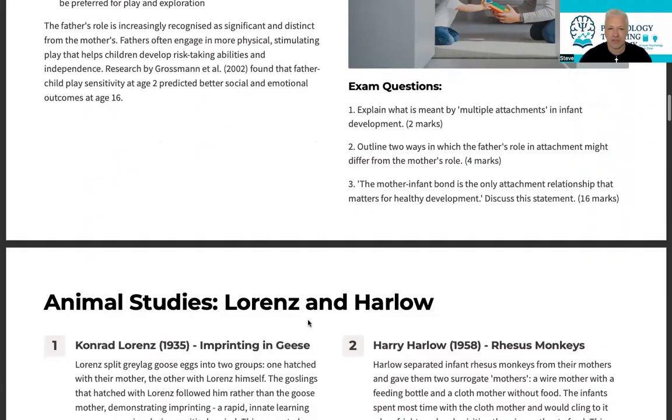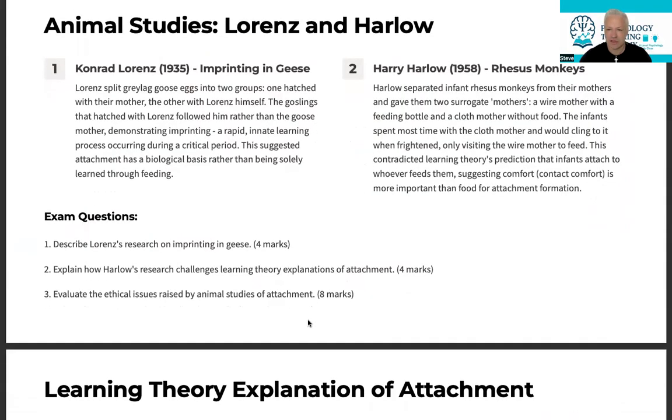Okay, two classic studies on animals, Lorenz and Harlow. So, Lorenz's research into imprinting. Lorenz had a batch of eggs, and he split them into 2 groups. One hatched in front of their mother, the other half hatched in front of Lorenz, and the goslings that hatched with Lorenz followed him, whereas the goslings that hatched in front of the genetic mother followed the genetic mother.